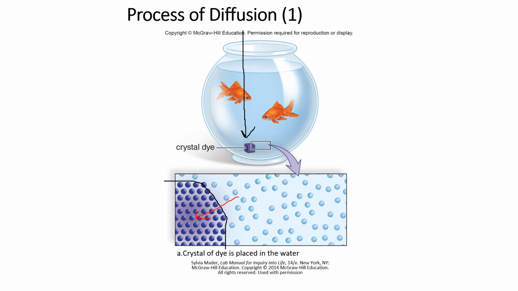And water will go in, and the dye will go out. Each molecule type will diffuse on its own. So water will diffuse in a different direction than the dye. And that's because there's more water out here and there's more dye in here. And so they'll go where there's less of it.